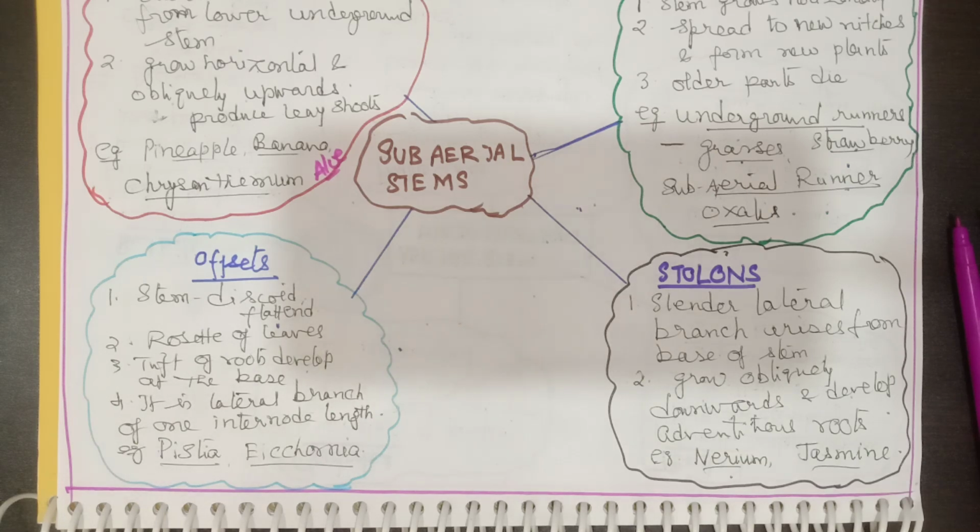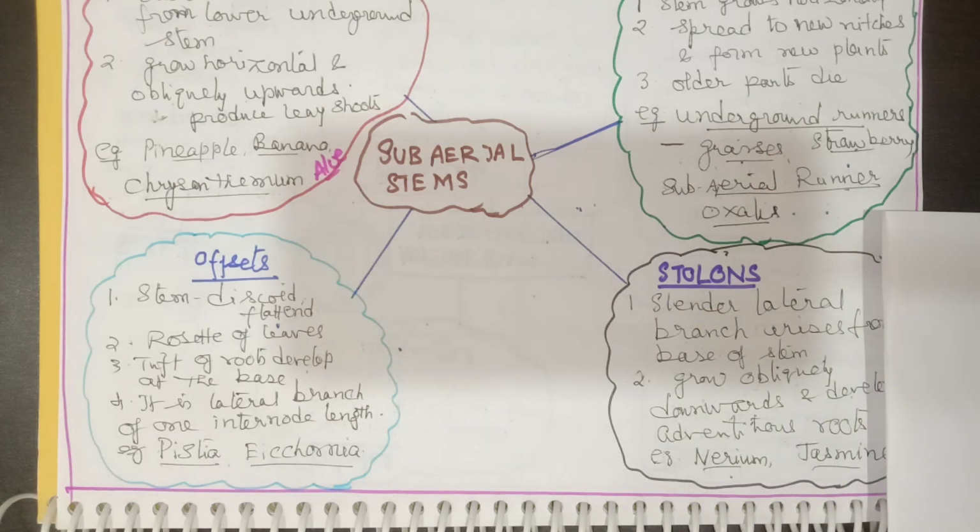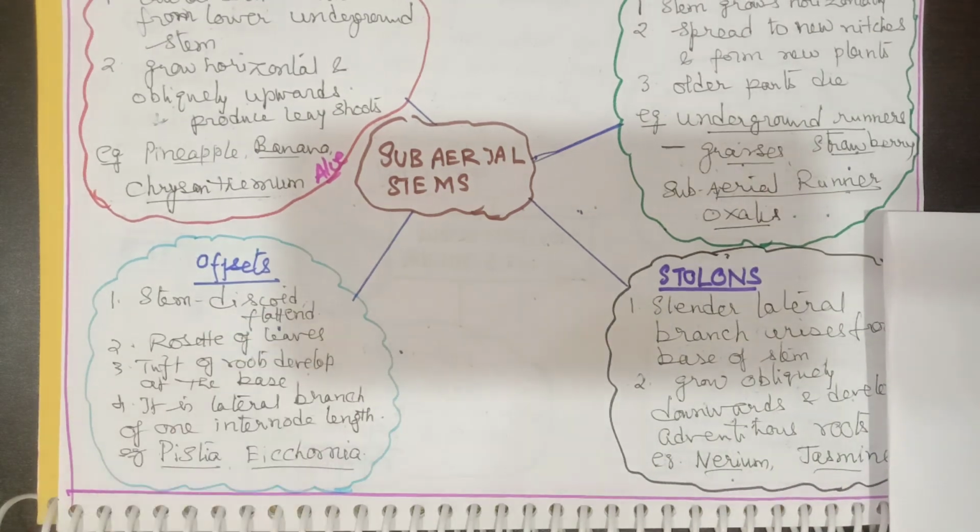Here the stem will be discoid in shape, and a rosette of leaves will appear and a tuft of roots will develop at the base of the stem.